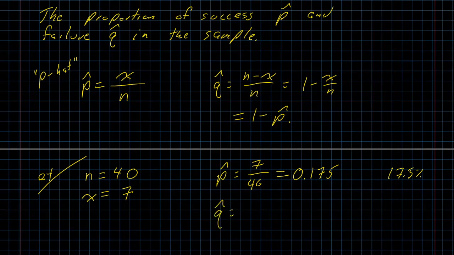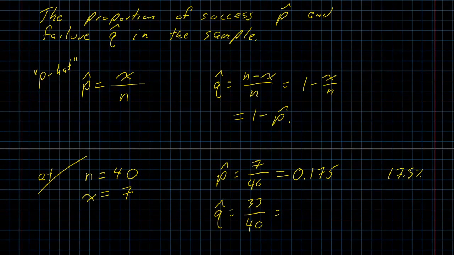And then Q hat will be, well, 1 minus that. But again, I think about that as if there were 40 respondents and 7 of them were successful, 7 of them did say that they were going to visit the boutique that you were looking at, then the remaining 33 of them did not.